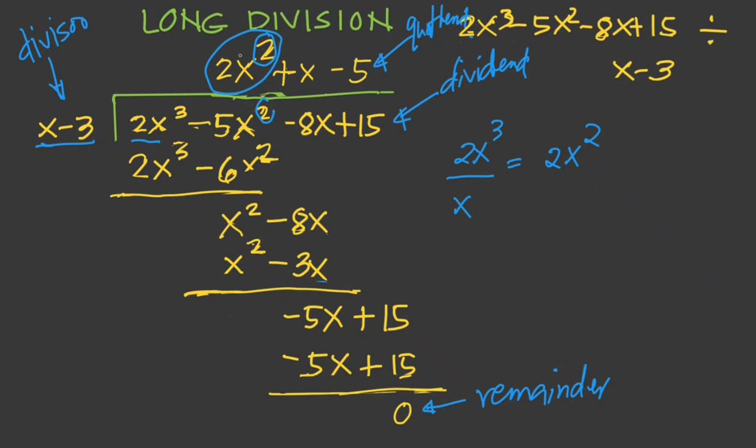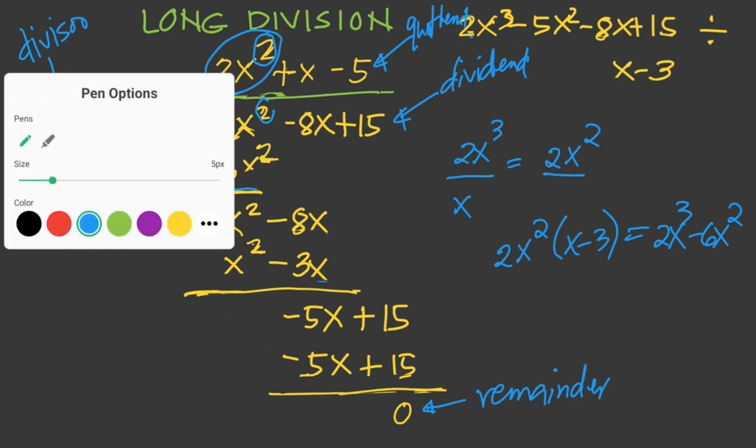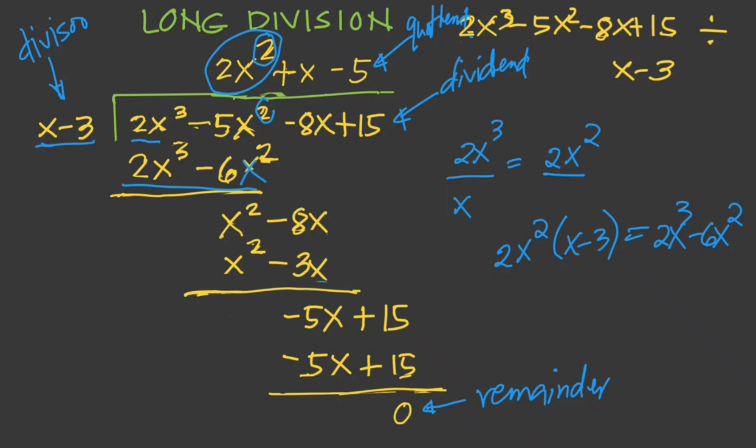Then we multiply what we get here by our divisor. So 2x squared times x minus 3 is equal to 2x cubed minus 6x squared. And then we write the result here. After that, we subtract the two expressions to cancel 2x cubed and 2x cubed out.